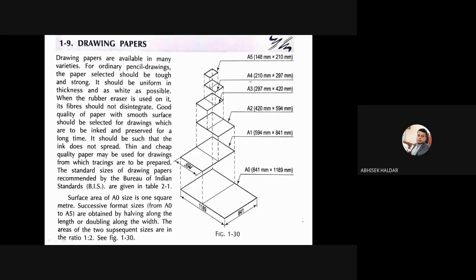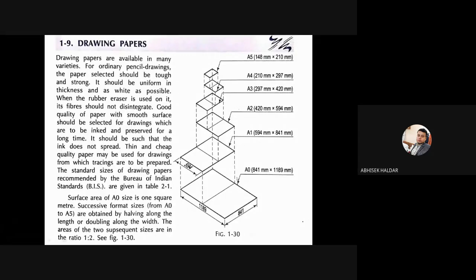You have heard this term. But what is the size? As the number goes down, starting from A5, A4, A3, A2, the size is getting bigger.